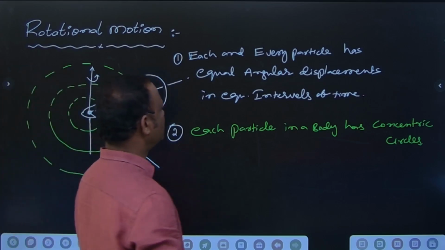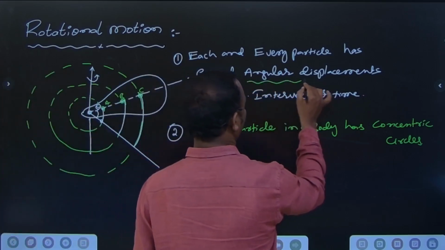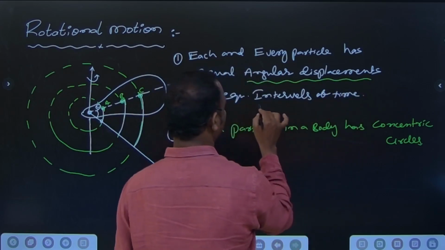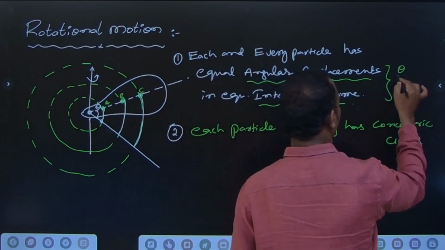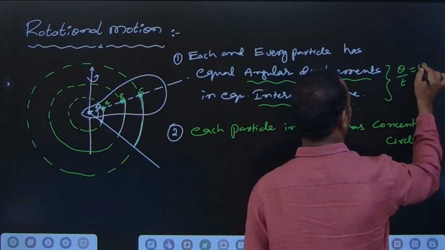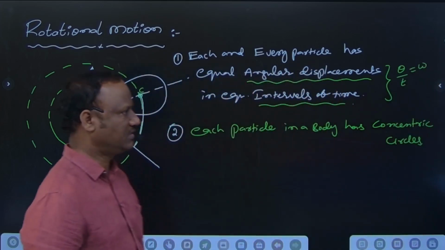So they have equal angular displacements in equal intervals of time. Angular displacement theta by t is known as angular velocity.